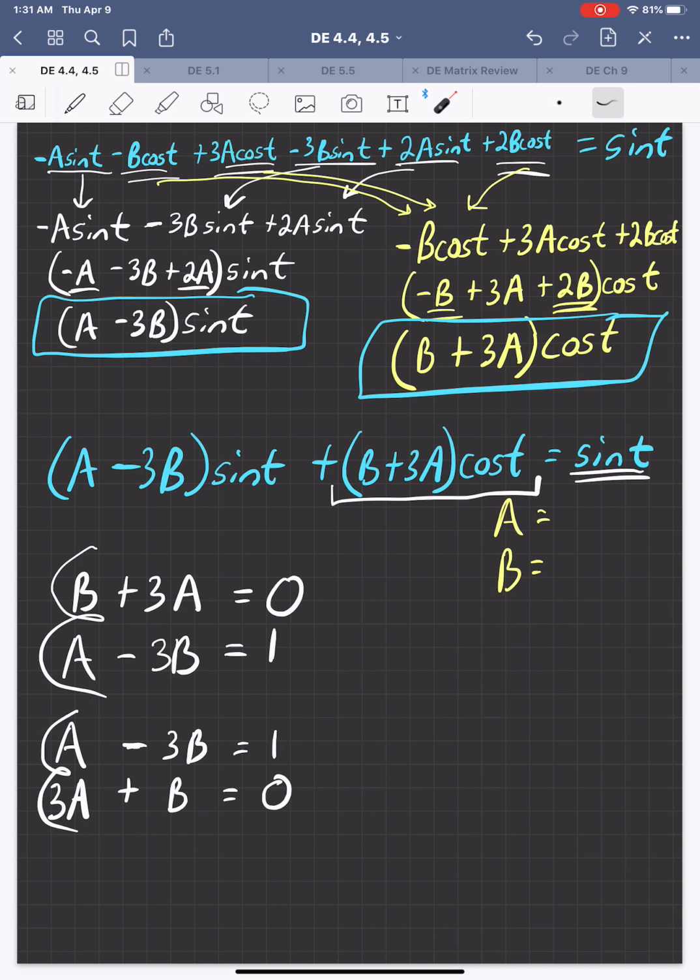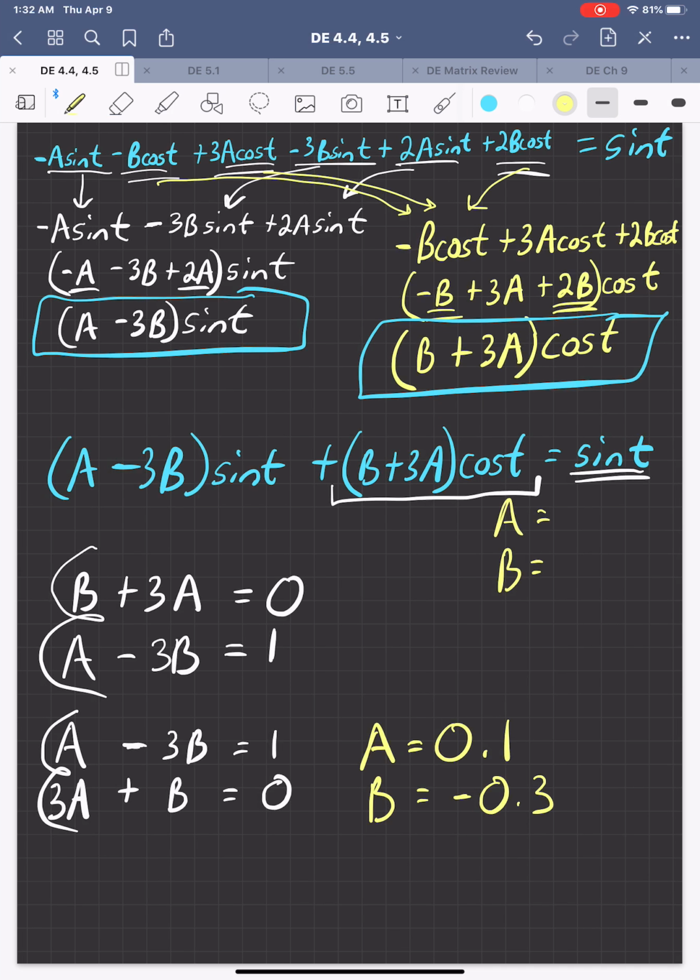I wanted the a's to be under each other and the b's beside each other so that I could do my system. I don't care if you use a matrix or substitution or elimination methods. What you would find is that a would have to equal 0.1 and b would have to equal negative 0.3.